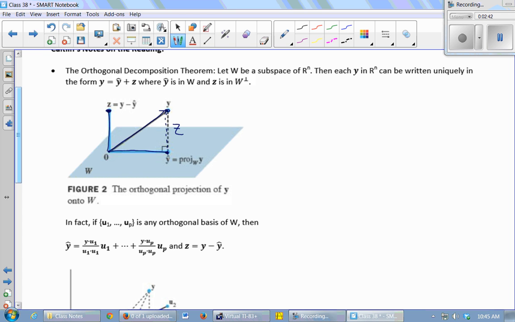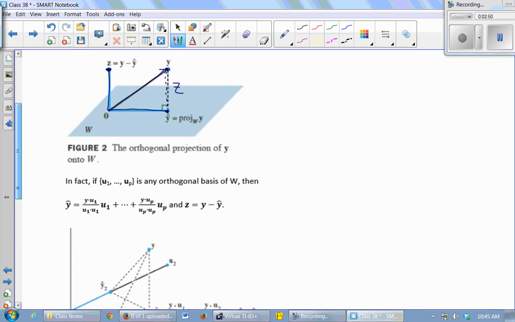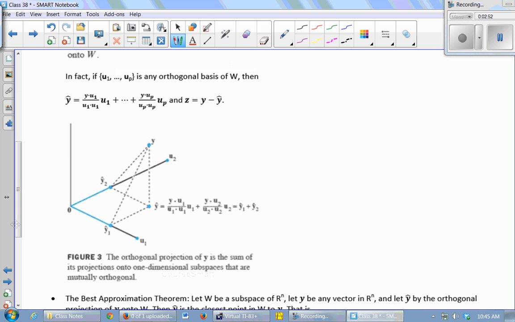So the way we calculate the y hat and the z is really similar to how we calculated y hat and z when we were projecting onto a line. Okay? It just has more terms. So if you have an orthogonal basis of W, so this only works if you have an orthogonal basis, which in all of your homework problems and activities, I will give you an orthogonal basis, but know that it only applies when the basis is orthogonal.